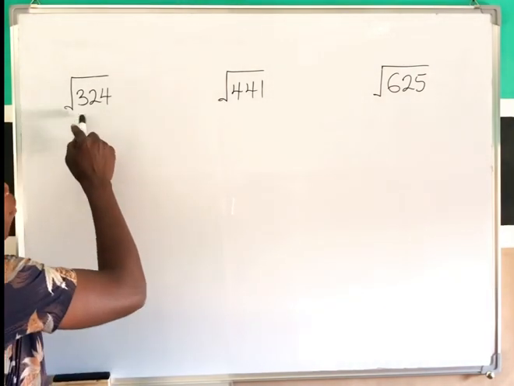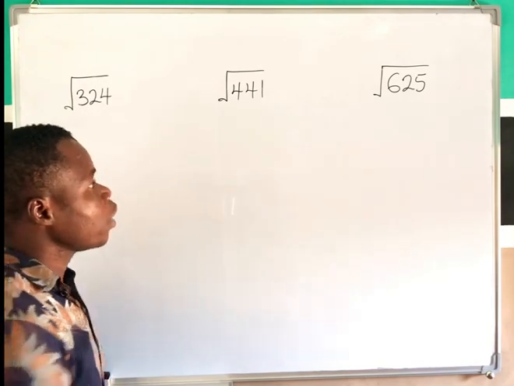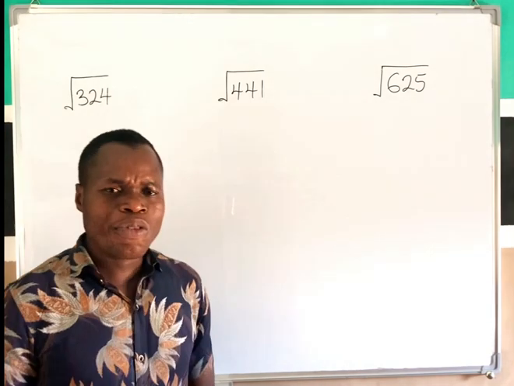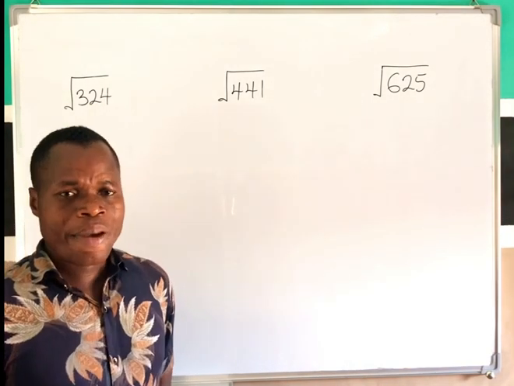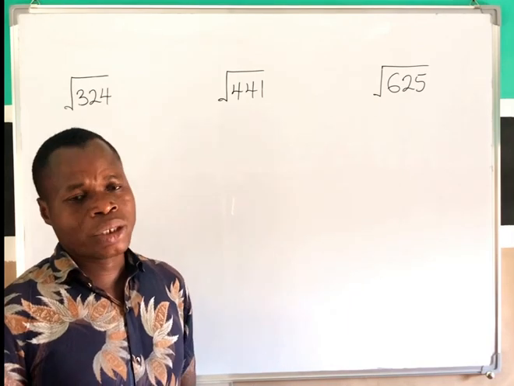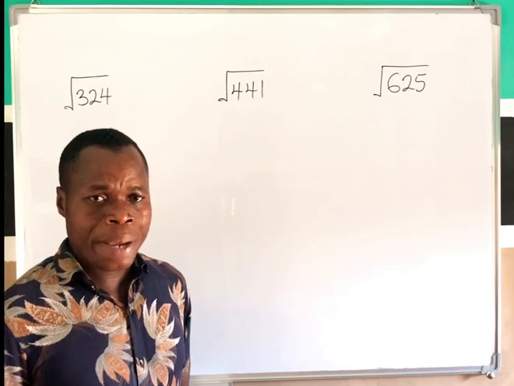The first one is finding the square root of 324. The next one is 441. Then the third one is 625. Anytime you have to find the square root of a perfect square number and you want to use the prime factorization method, the first thing you do is list prime numbers starting from the first prime number.